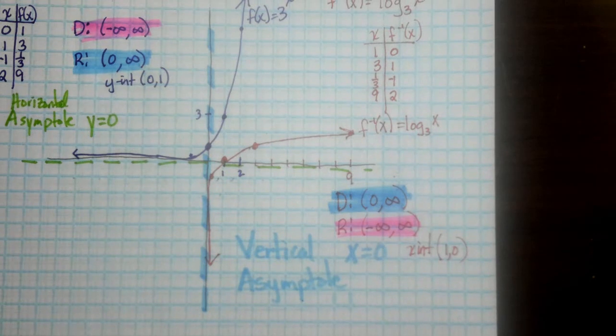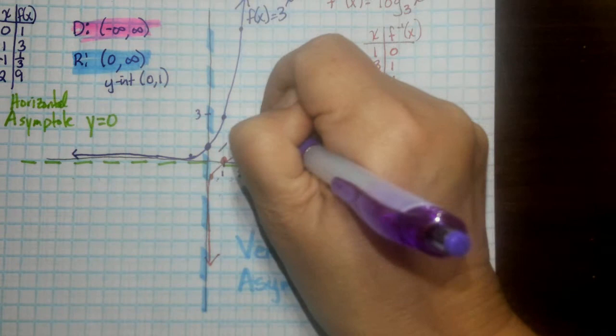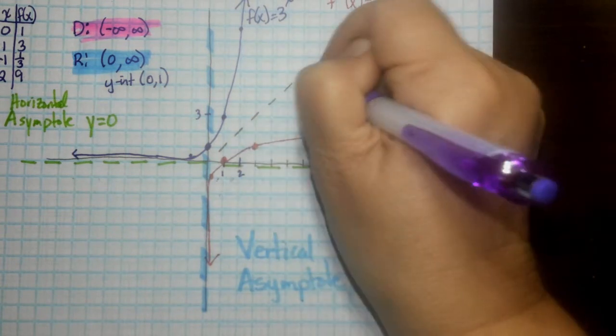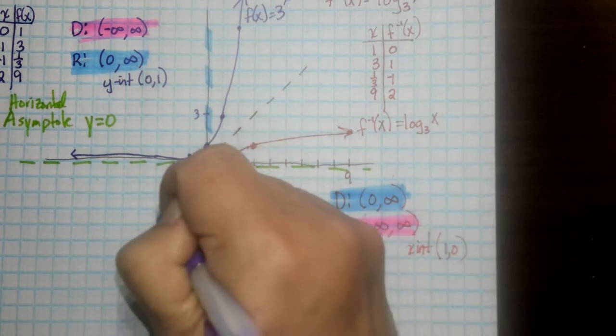Alright, there's one more thing about these graphs. Do you remember that inverses always reflect over a certain line? They do. Does anybody remember what that line is? It's the line y equals x. So if I come in here and I go through 1, 1, and 2, 2, and 3, 3, everywhere that y and x are equal to each other, 0, 0, negative 1.